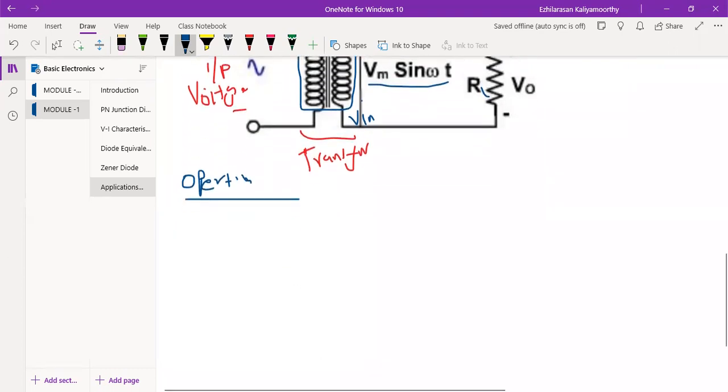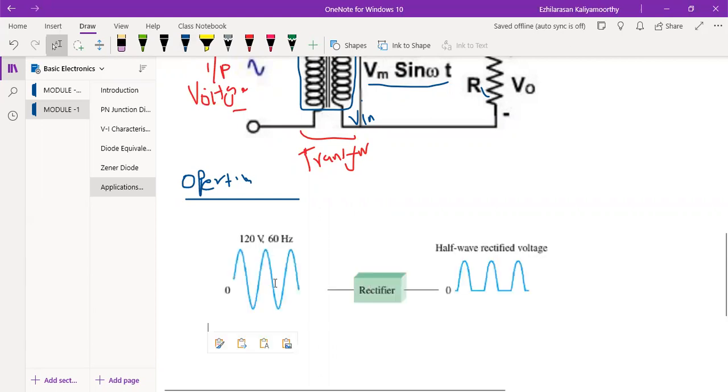Before that, let me show the predicted output. The prediction of the output will be like this. The input is like this. Again, I'm repeating, this is not 120, you will consider it as 220 volt, 50 hertz.